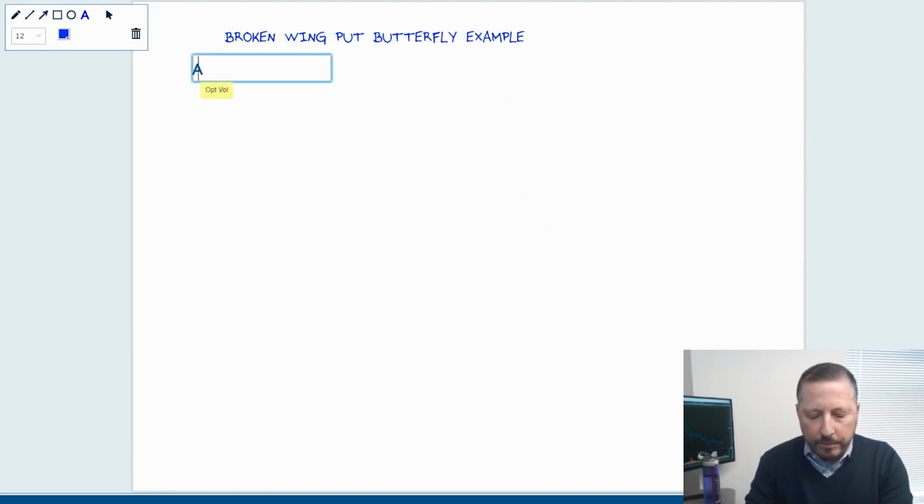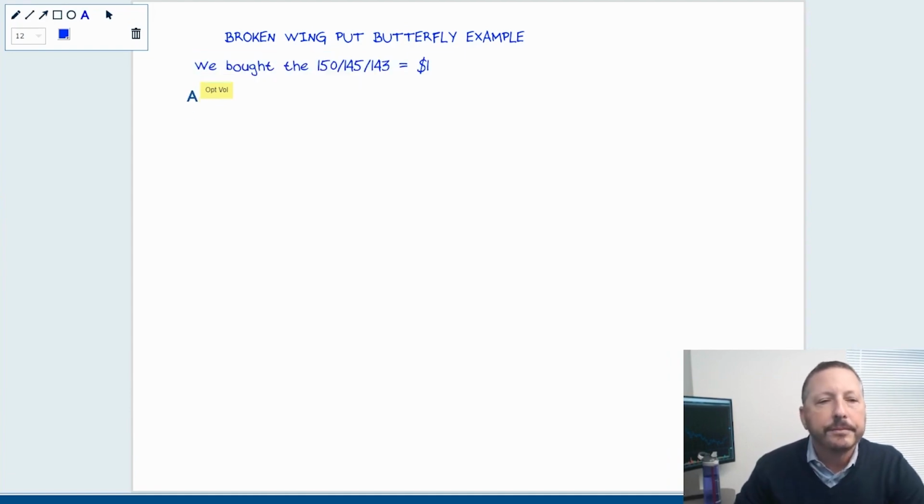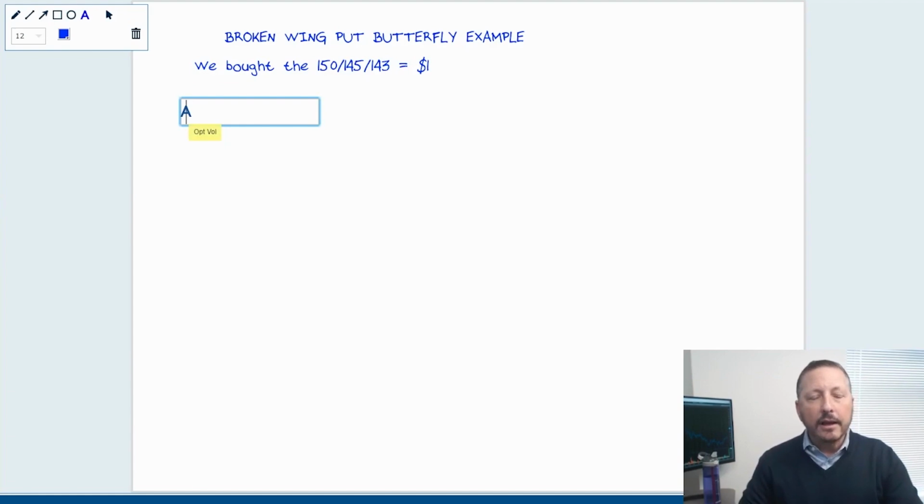Okay, so let's go through some examples here. Let's say we bought the 150, 145, 143, and we paid $1. Anything above 150 at expiration, what's this thing going to be worth? It's going to be worth 0, right? Because all the options are going to be worthless.